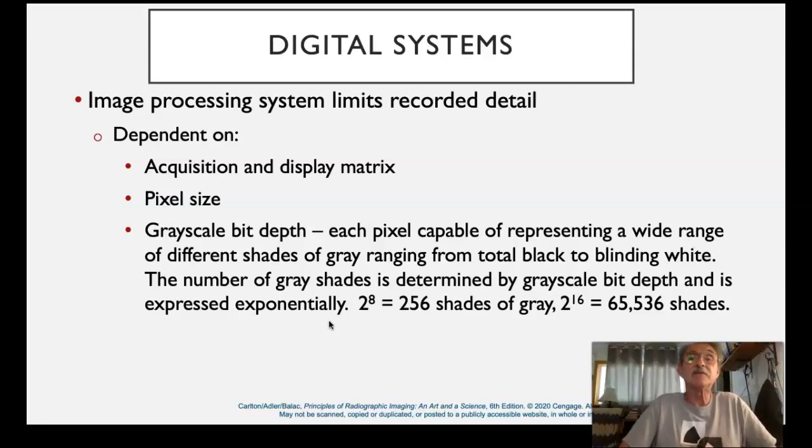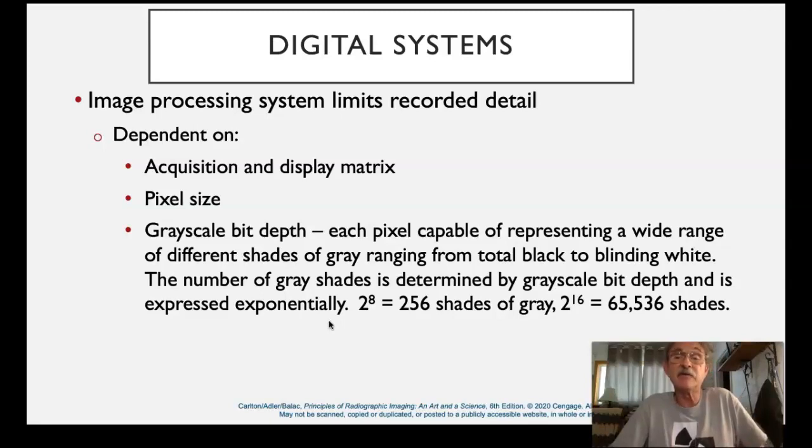Okay, so the image processing system limits recorded detail. It's dependent on the acquisition size, the pixel size, and the display matrix. It is also dependent on the grayscale bit depth. Remember, each pixel is capable of representing a wide range of different shades of gray, ranging from total black to blinding white.